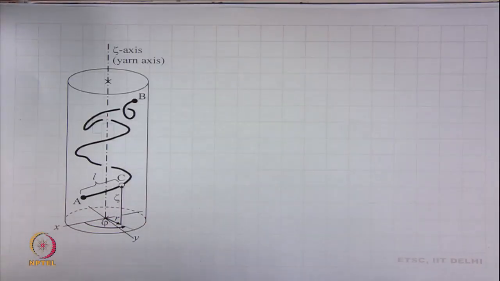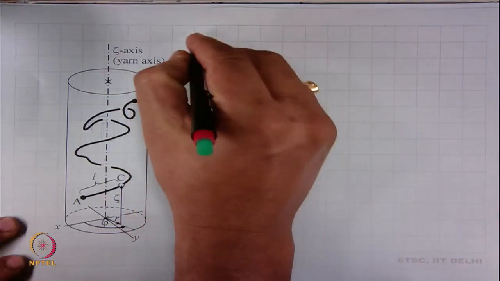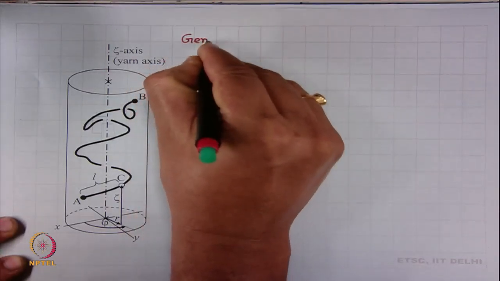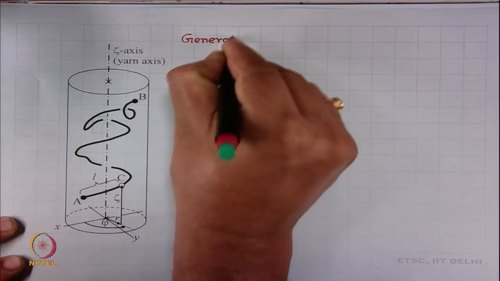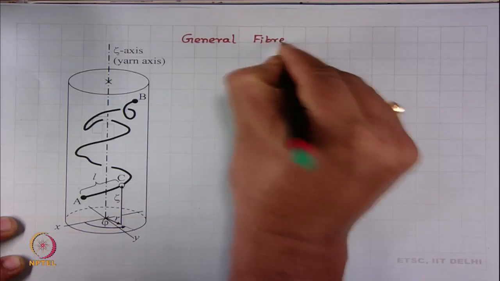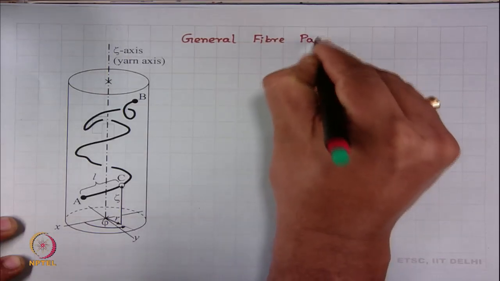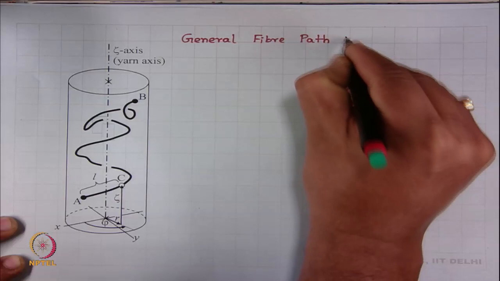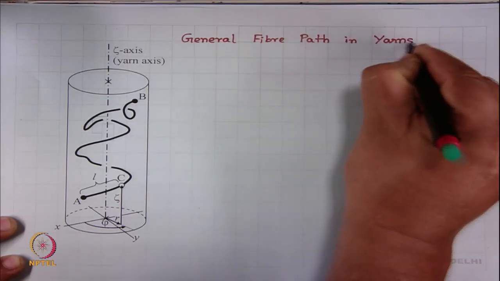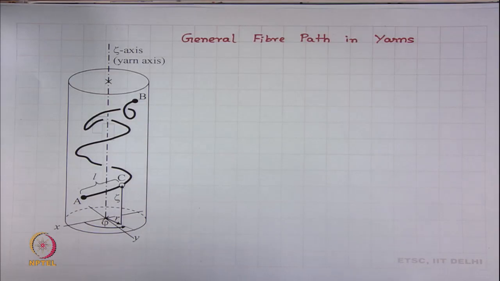So, this picture talks about the general fiber path in yarns. Fiber path means fiber axis.